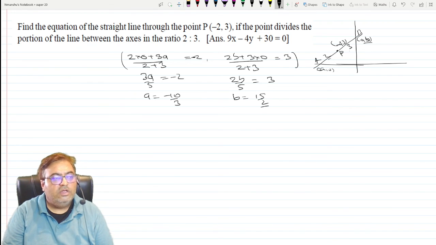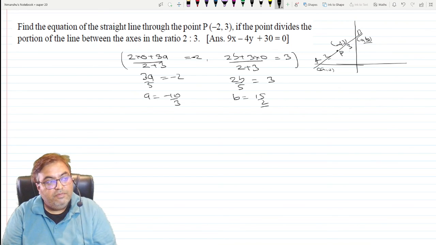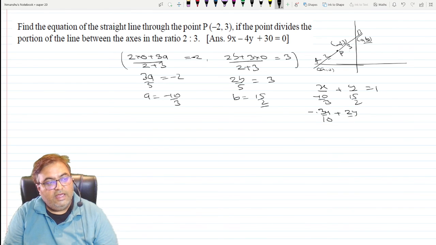Hence the equation of straight line will be x upon -10 by 3 plus y upon 15 by 2 equals to 1. Simplify it. That will be -3x upon 10 plus 2y upon 15 equals to 1.